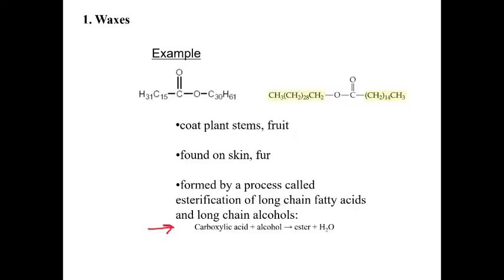Just a couple of reminders of what these molecules look like. Carboxylic acids have that C double bond O with the OH on the end, and then an R group, meaning a long carbon chain. These are typically not short chain carboxylic acids. Waxes are formed from long chains, so the carbon chains are very long.